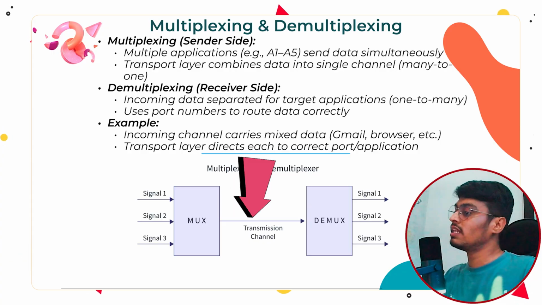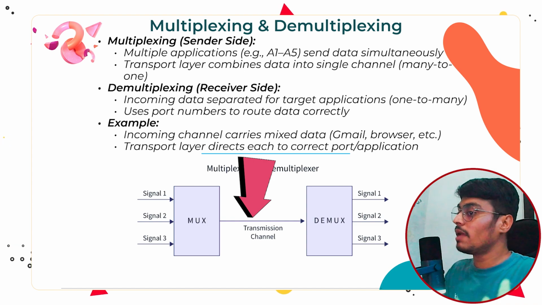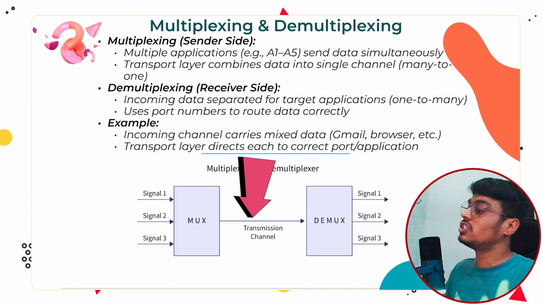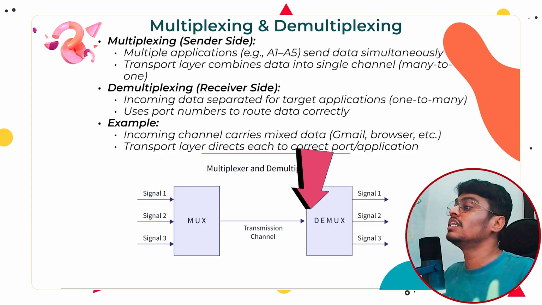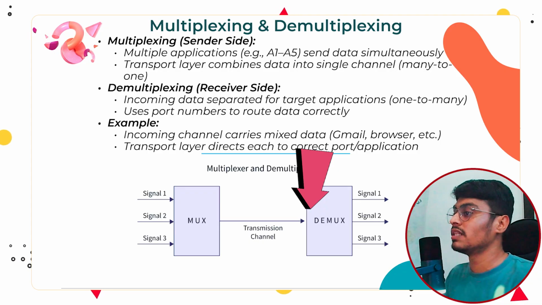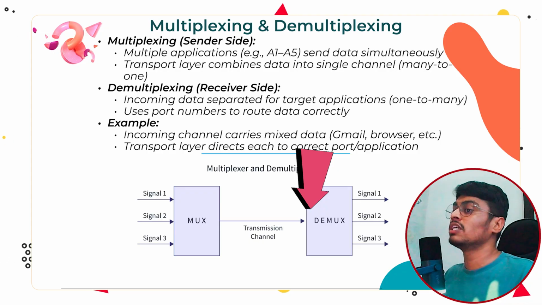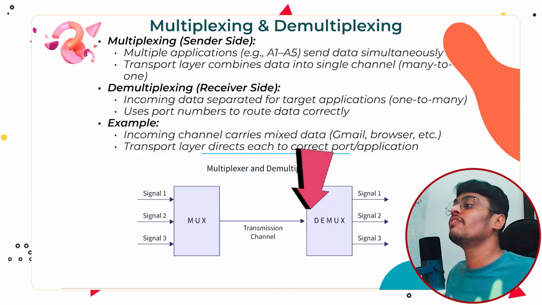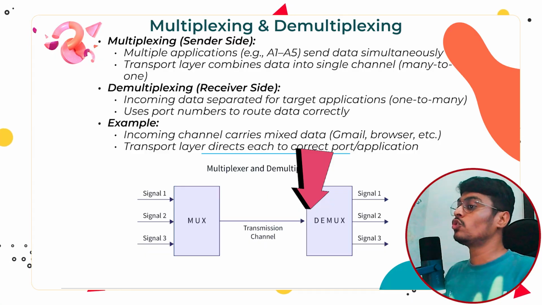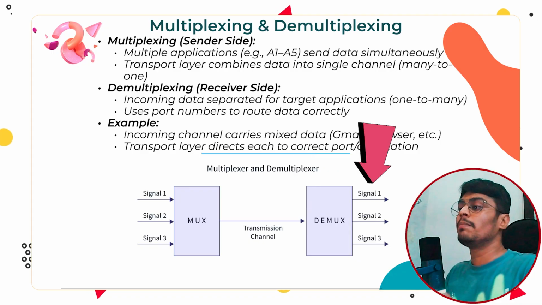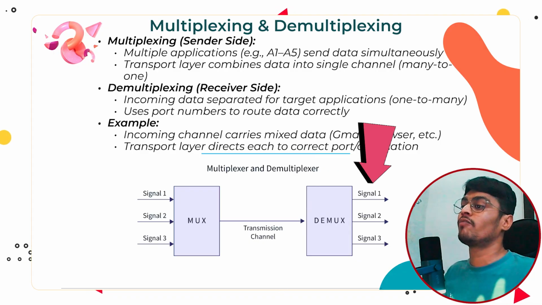Data from multiple applications comes and is sent to the channel, and at the receiver end messages are coming continuously. But it is possible some messages are for one application, some are for another. At the receiver's end it works as demultiplexing, one to many, because a lot of messages are coming from one channel.